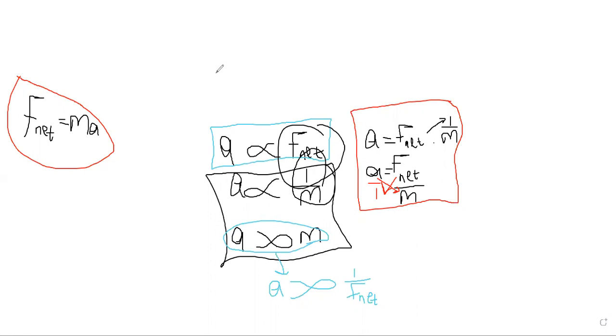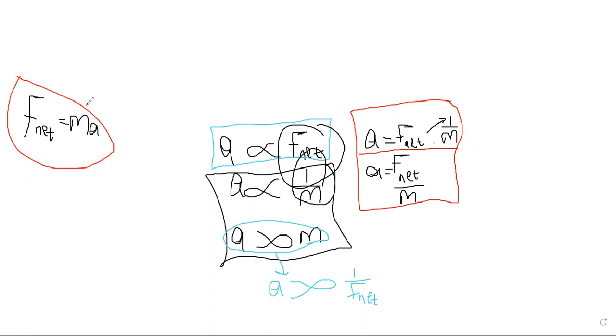So basically, Newton's second law, the definition, is gonna give you this equation in terms of acceleration. But when you write it down, we're gonna make force the subject of the formula and write it as F net is equal to MA.